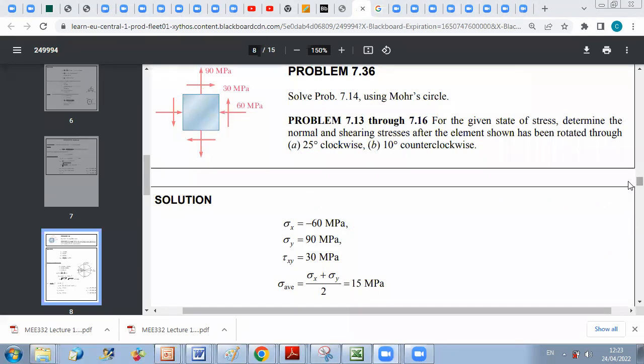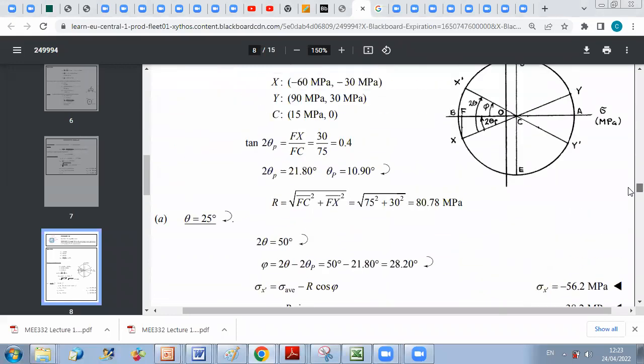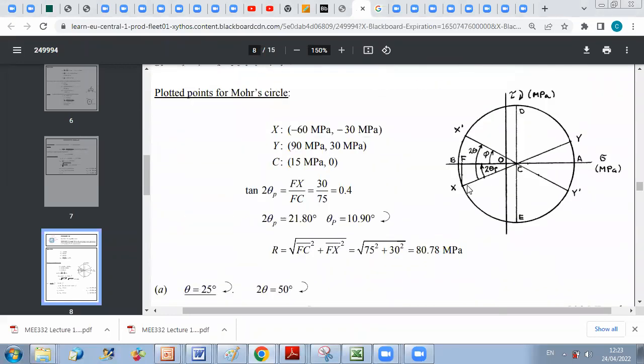So going back to the Mohr circle, this is my X orientation. From X, I should rotate towards X prime 50 degrees clockwise. But now, to do my geometrical calculation, I should find the angle between CX prime and the horizontal axis, which is sigma.